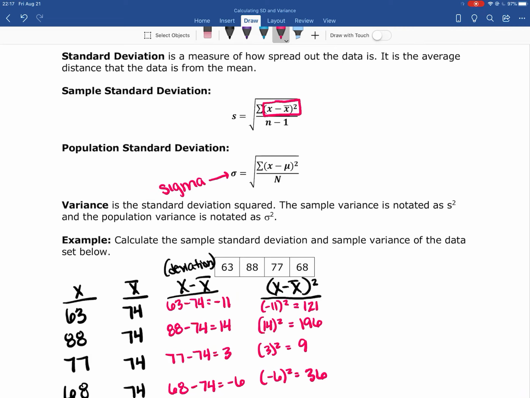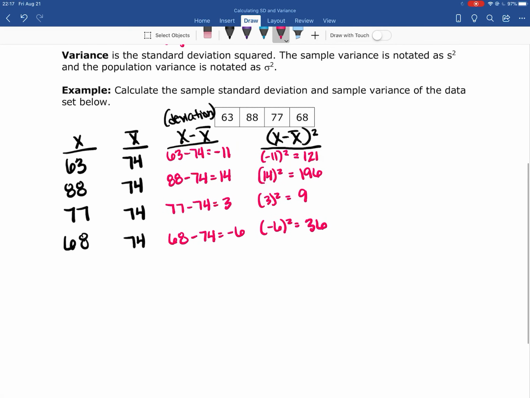The next thing I want to do is sum or add up all of those values. So I'm going to take the sum of this last column: 121 plus 196 plus 9 plus 36. And I get 362.